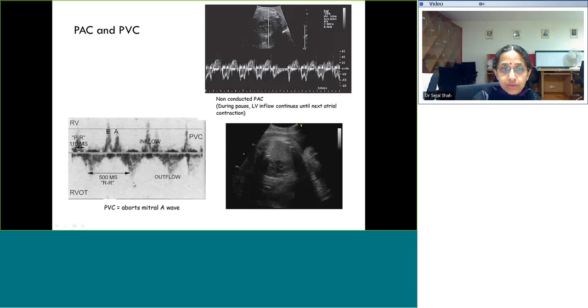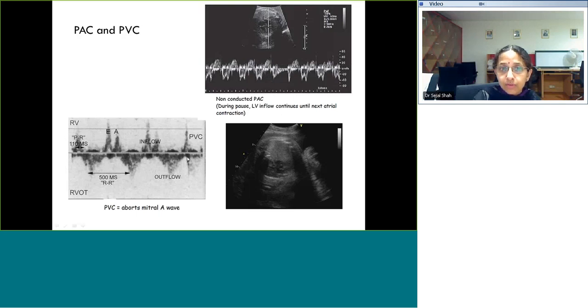There is premature ventricular beat. Now here we can see that this is the EA wave and the ventricular activity, the EA wave and the ventricular activity, again the inflow and the ventricular activity, and then what happens? There is a premature ventricular beat. The premature ventricular beat aborts the mitral A wave.